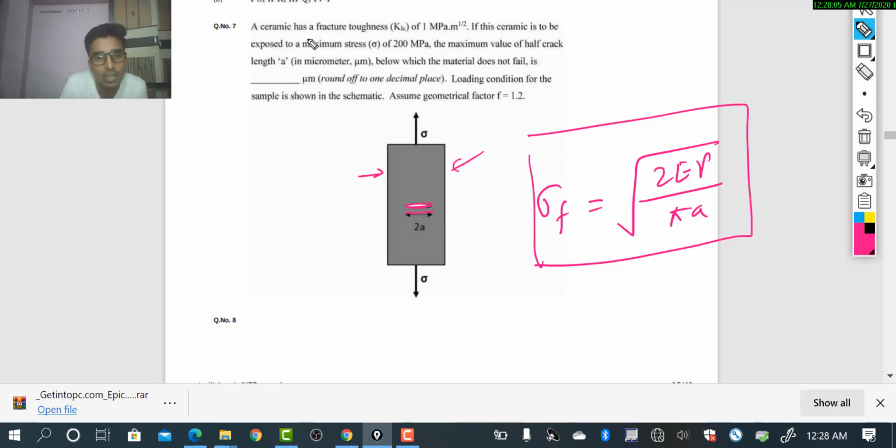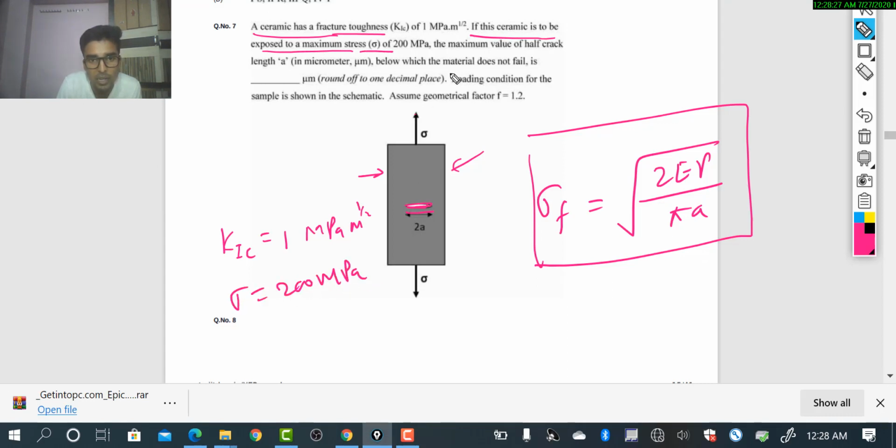Here it is also given that a ceramic has a fracture toughness KIC. So KIC is given as 1 megapascal meter to the power half. It's a very typical unit, so you have to remember it, okay. It's very important also. If this ceramic is to be exposed to a maximum stress, so sigma is given as 200 megapascal, what is the maximum value of half crack length in micrometers which the material does not fail?